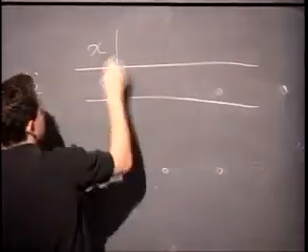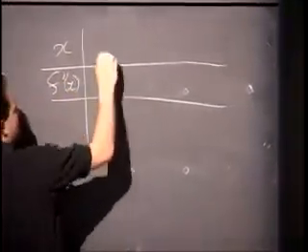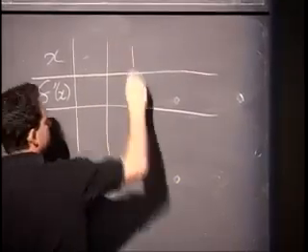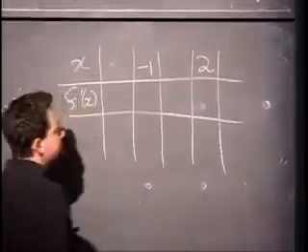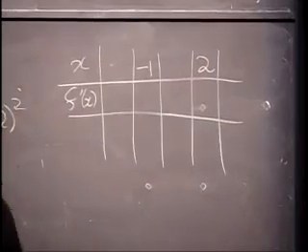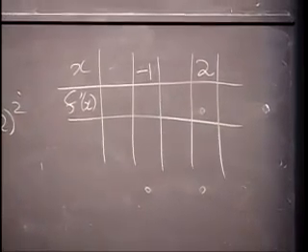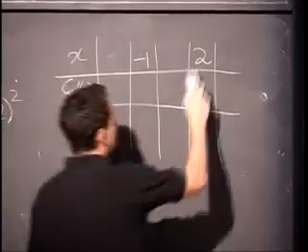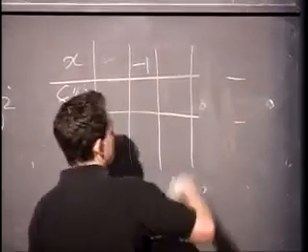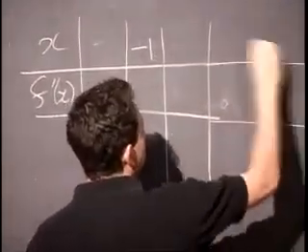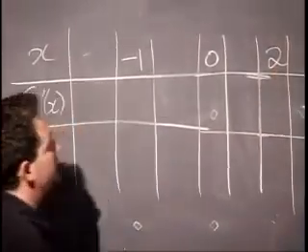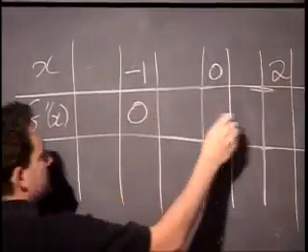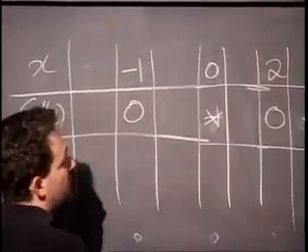We have critical points at -1 and 2. Unfortunately, we also have a vertical asymptote at 0. So we're going to need all these points here. The derivative is 0 here, and is undefined at the origin.